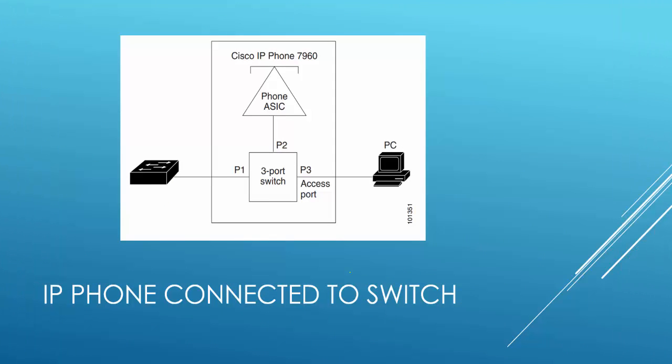So now let's just see what happens when a phone is connected to this switch port. When this phone is connected to this switch port, the switch already keeps sending small pulses, small currents or small voltages on this port, and tries to find out if there is any device connected or not.